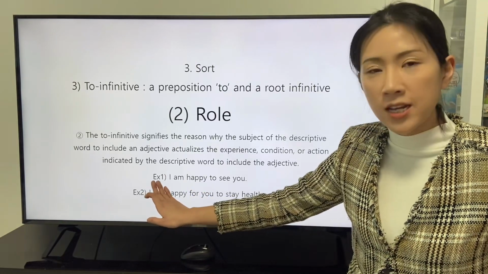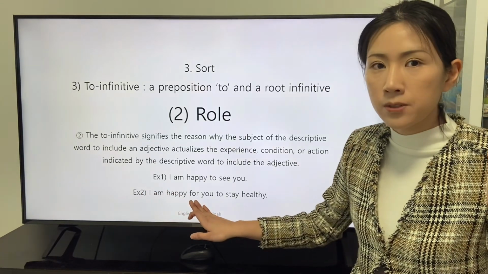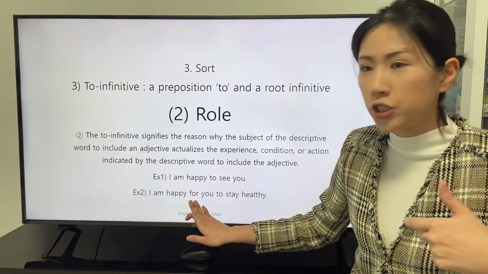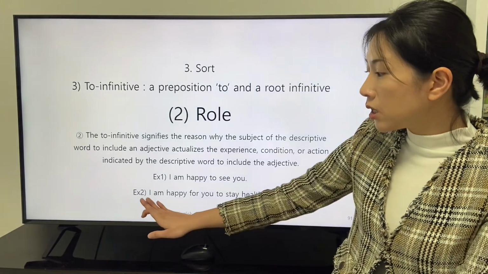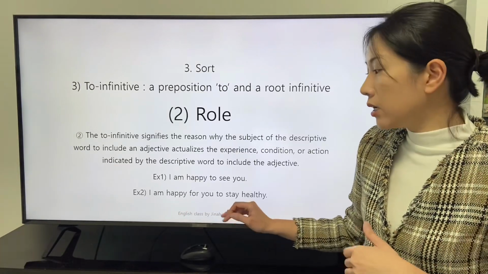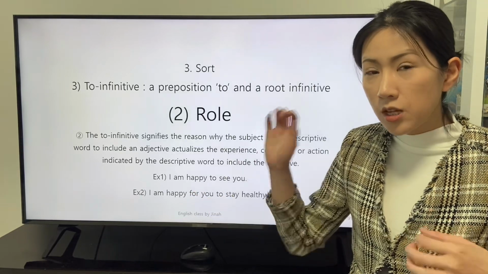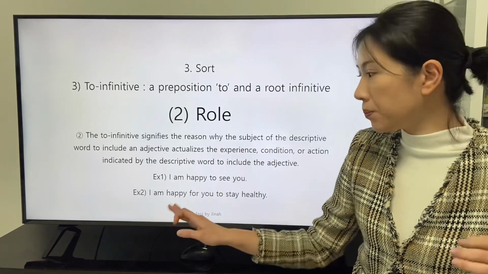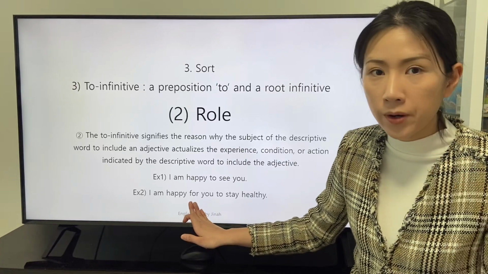The second clause is similar to the first clause, but there is a difference. The other preposition for is applied in this clause. I am happy for you to stay healthy. So we have to consider another subject and object relationship by the preposition for.